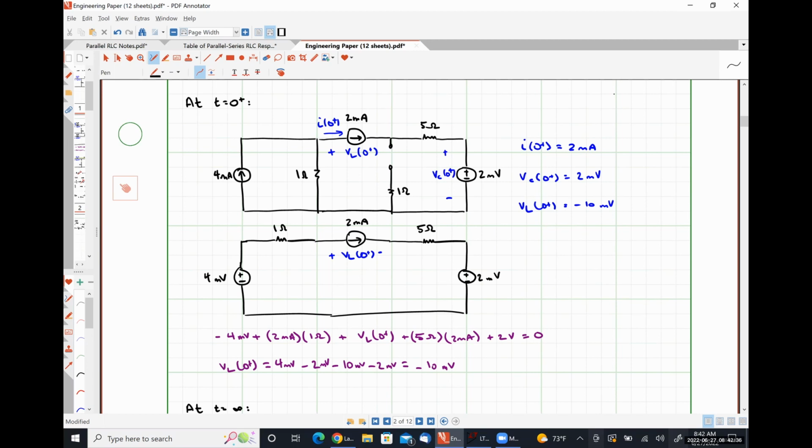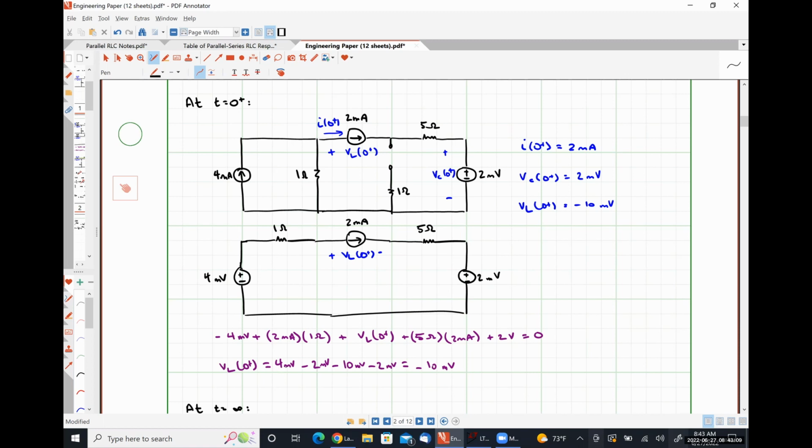So the only possible mistake I could have made here would have been in my Kirchhoff's voltage law equation, -4 millivolts plus 2 millivolts plus VL plus 10 millivolts plus 2 millivolts is equal to 0.